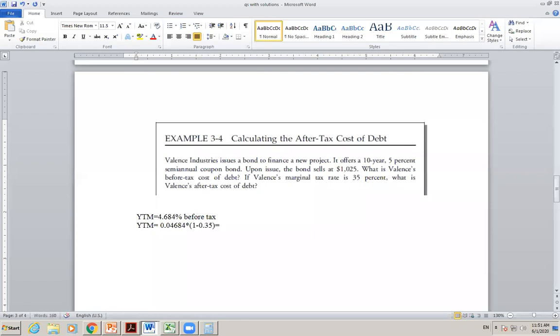That would give you 0.03045, or 3.45% after tax. Okay, this is how we calculate the cost of debt using the YTM approach, or we can do it using the debt rating approach.